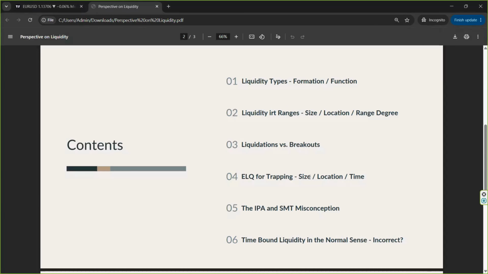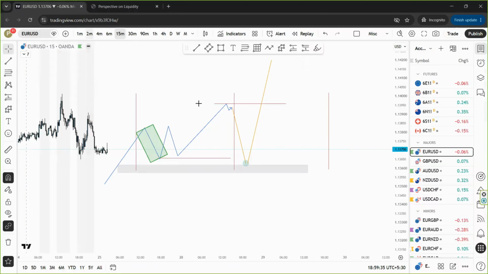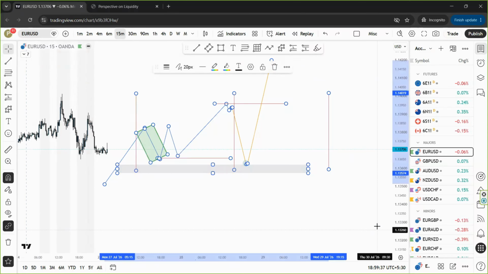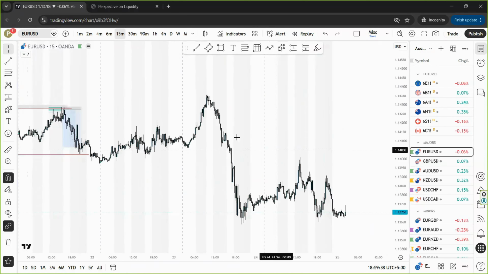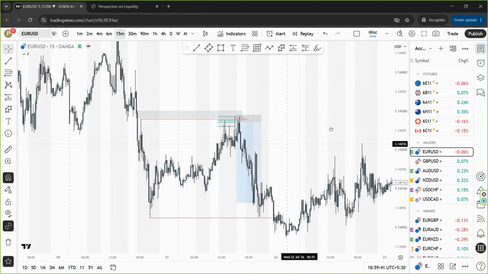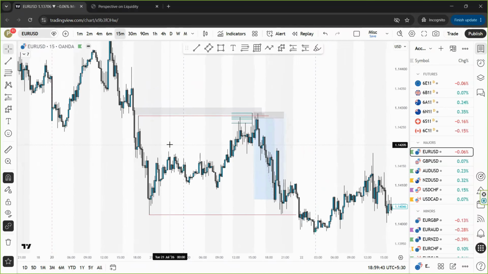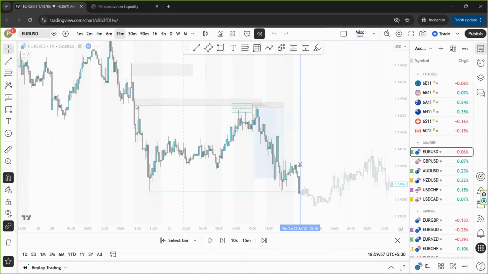Okay, so this is basically what we are covering in this video, and I'll just give you an example of some of these concepts on the real charts, which is actually a trade that we took last week. And here, when we consider this pool of liquidity, like I said, this is not close to a POI here. So which means this is probably not going to be relevant to this range, which is why I actually use the range here.